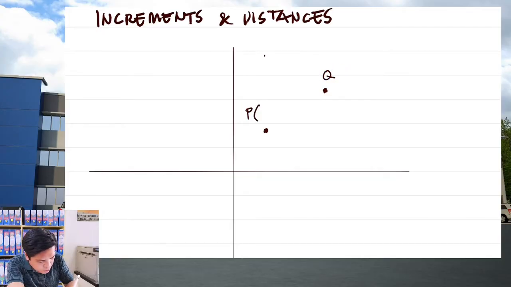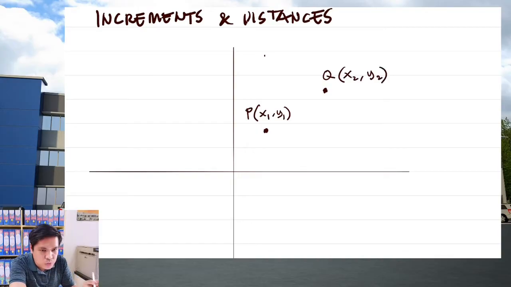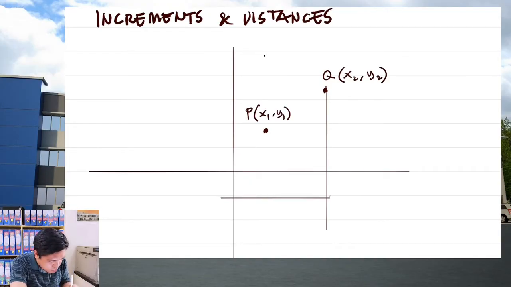Point P, let's call this (x1, y1). That's how we denote it. And for point Q, let's call this (x2, y2). That means we moved from the x1 position to the x2 position.